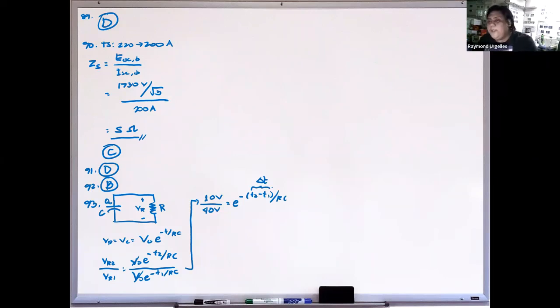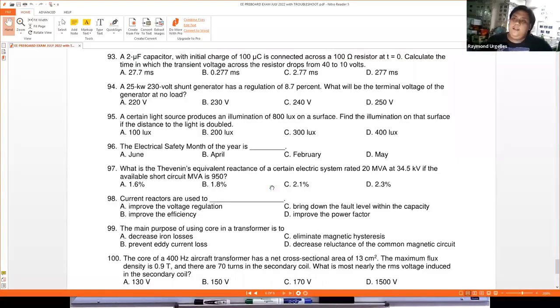Remember, based on the given, the initial charge is 100 micro. Solving for the initial capacitor voltage, given 100 microcoulombs, charge divided by capacitance, this is given by 50 volts.